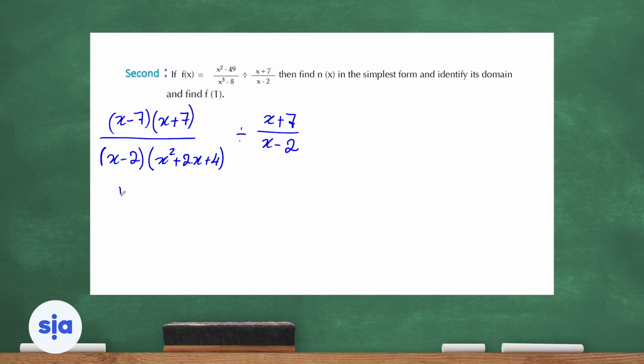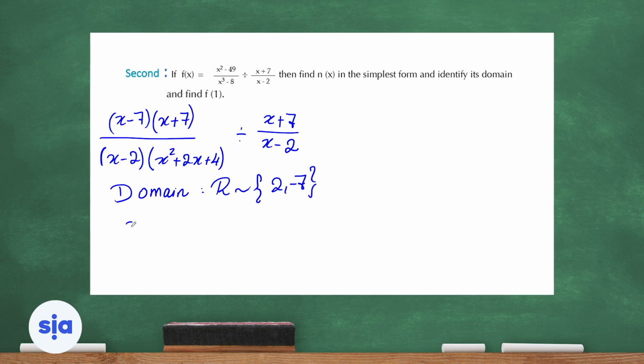The common domain in this case is R except for the 2 and the negative 7.